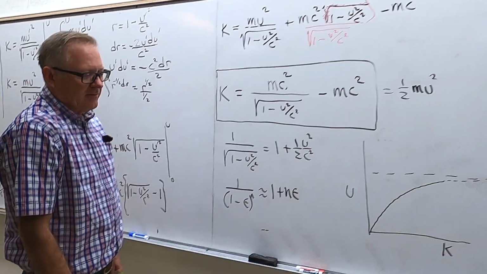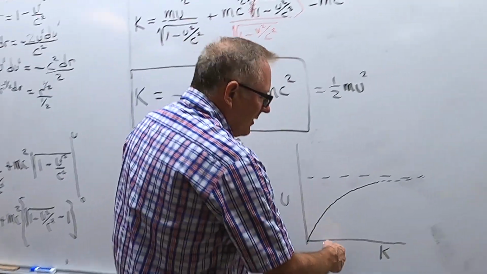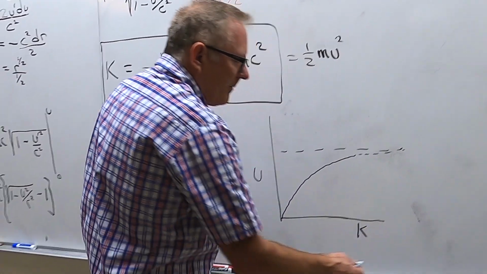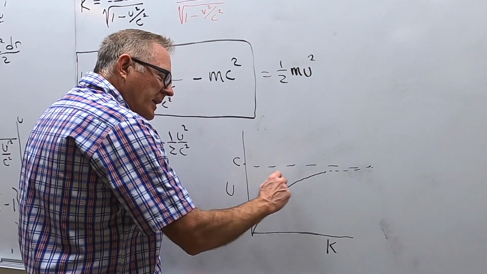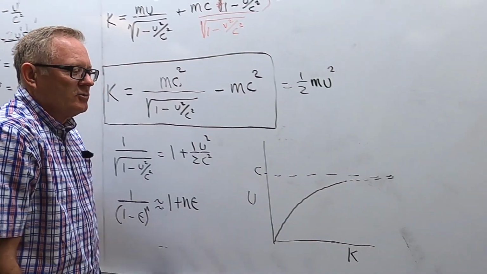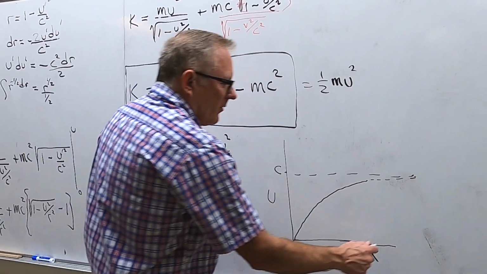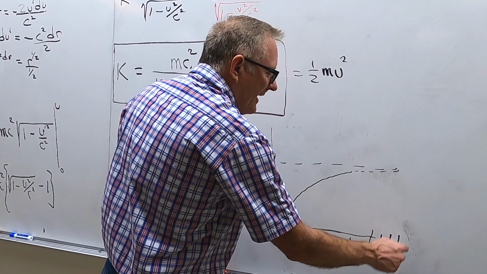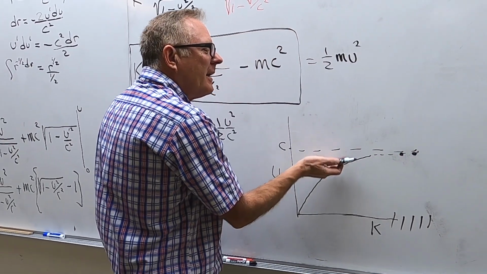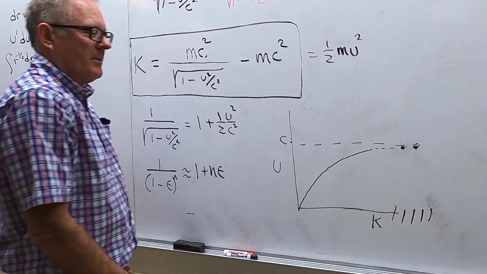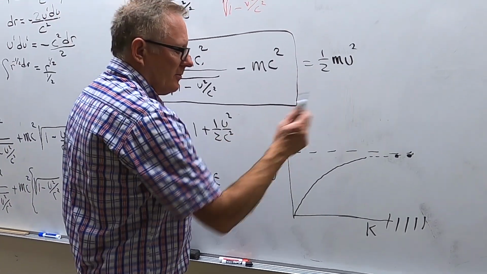So it takes an infinite amount of energy, and all you can do is make the speed approach c. So at a particle accelerator, when they keep pumping more and more energy into the particle, the speed is just barely going faster right here because they're way up near this asymptote.